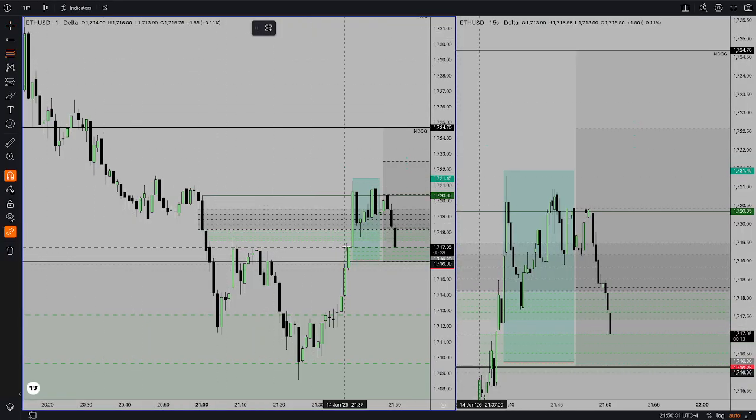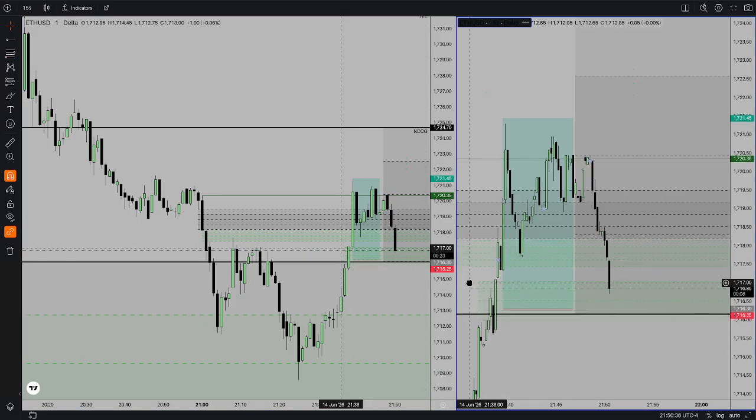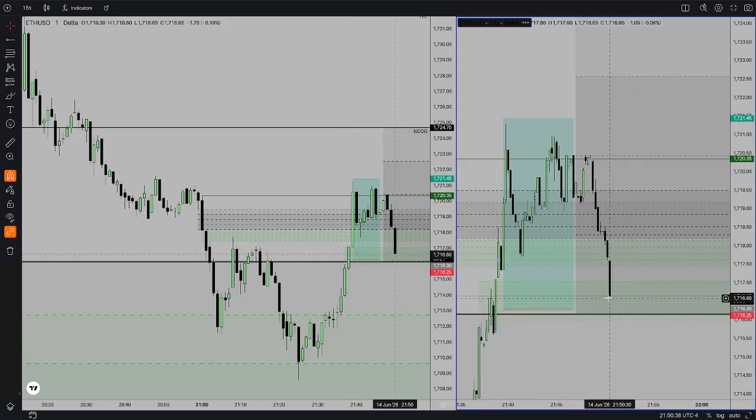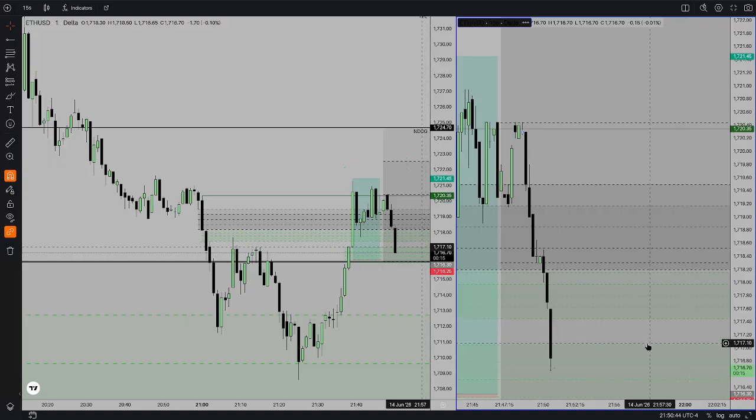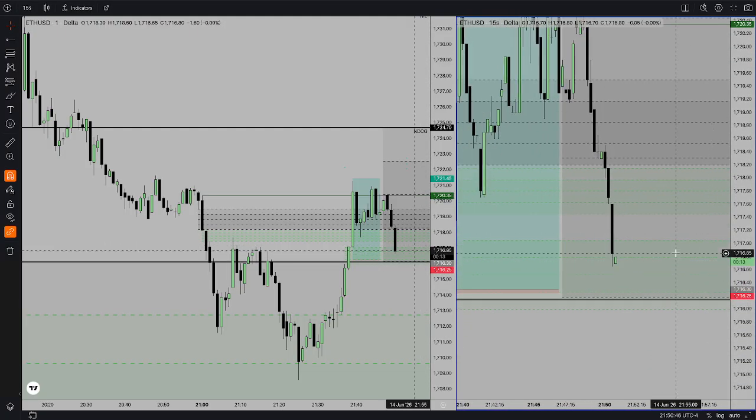And this BC. Yeah. And the reaction from the consequent encroachment area as well as the upper quadrant, how it reacts from there.